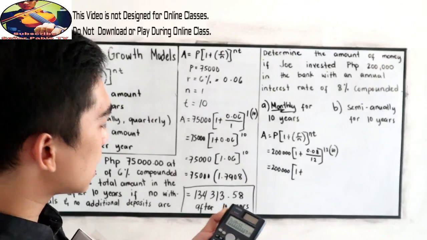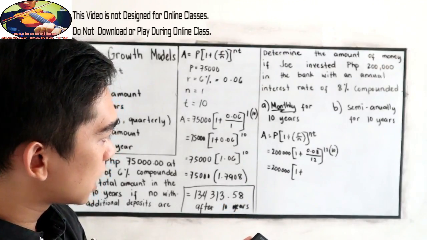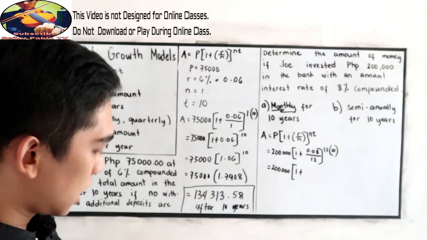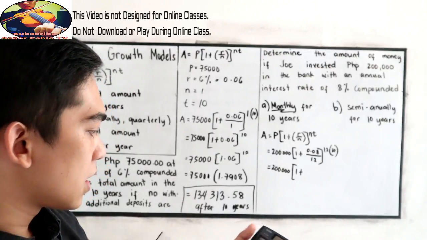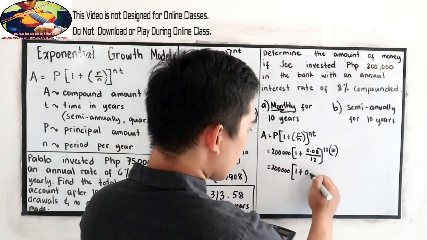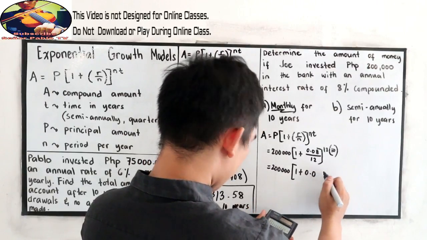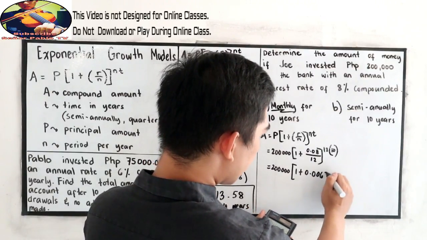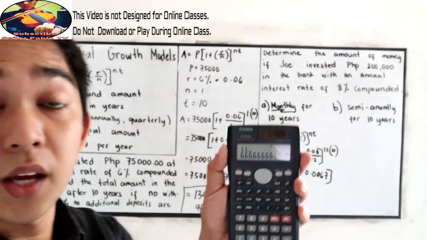This is 0.0067. Okay. You can check your calculator.